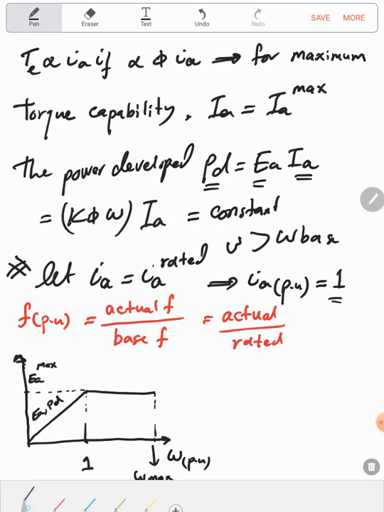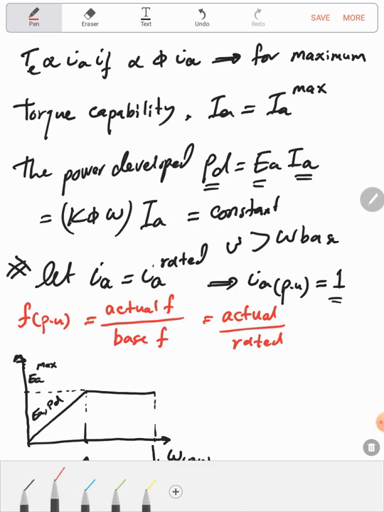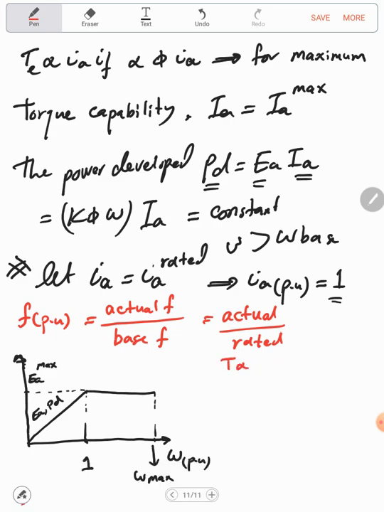Now the torque, here we can write that the torque is proportional with IA and the flux, and because IA is 1 per unit, simply this means that the torque in per unit is equal to the flux in per unit. This is only because we are selecting the current to be 1 per unit.